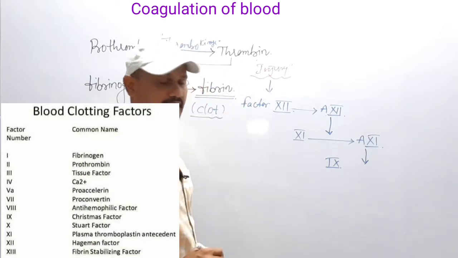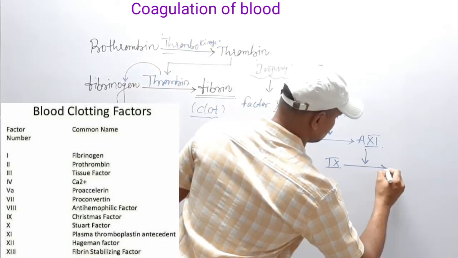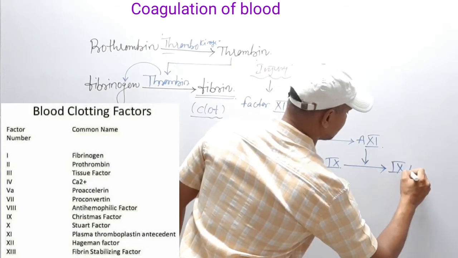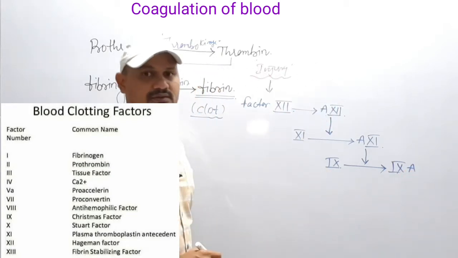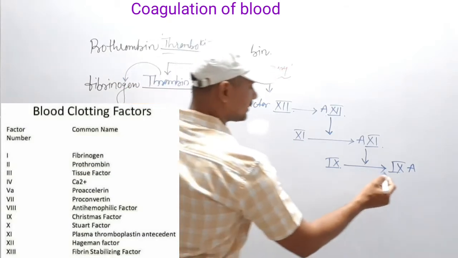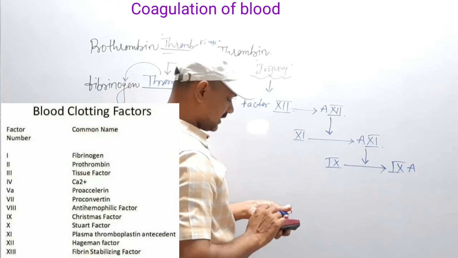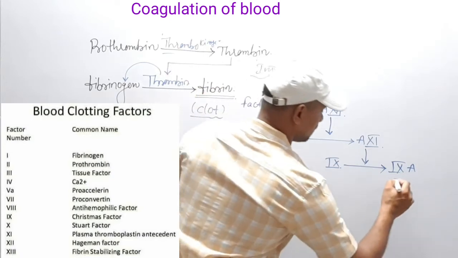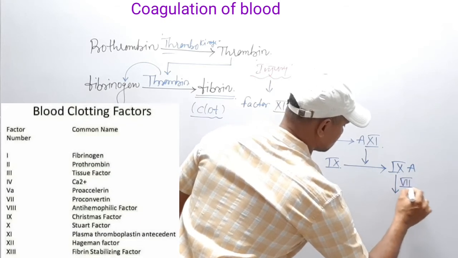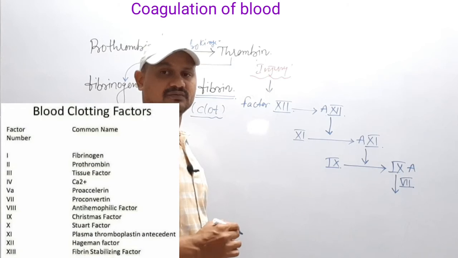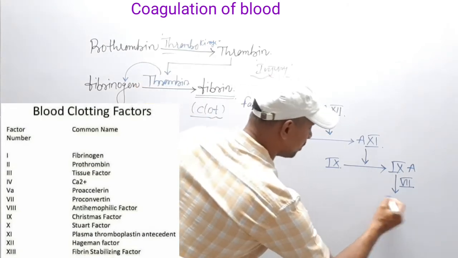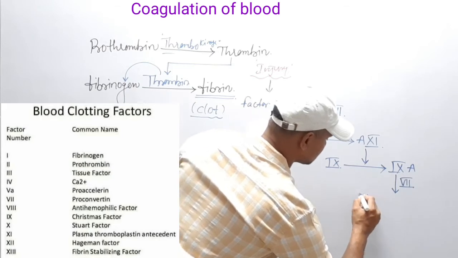Immediately the 9th factor is activated. A means activated. When the 9th factor is activated, it combines with the 8th factor, and it activates another important inactivated factor known as the 10th factor.